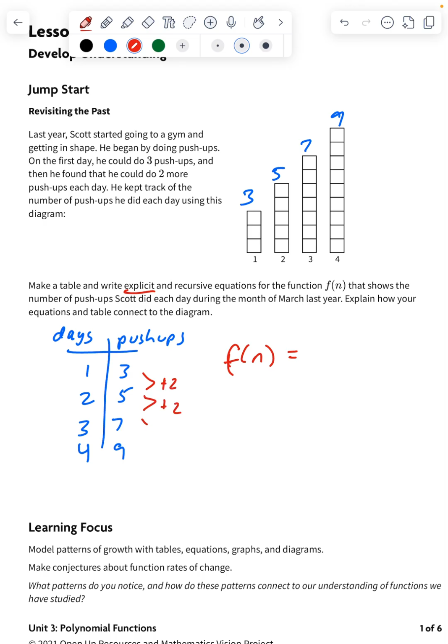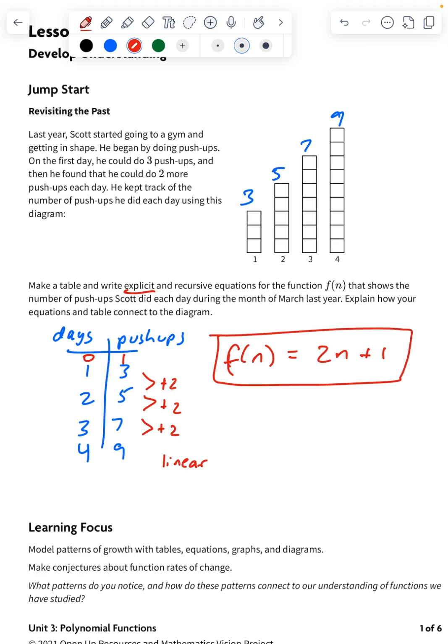And since the first difference is constant, I can call this a linear equation. And so therefore it's 2n. Now I do have a y-intercept here, and if I go back to day 0, that y-intercept is 1. And so there's my explicit equation.